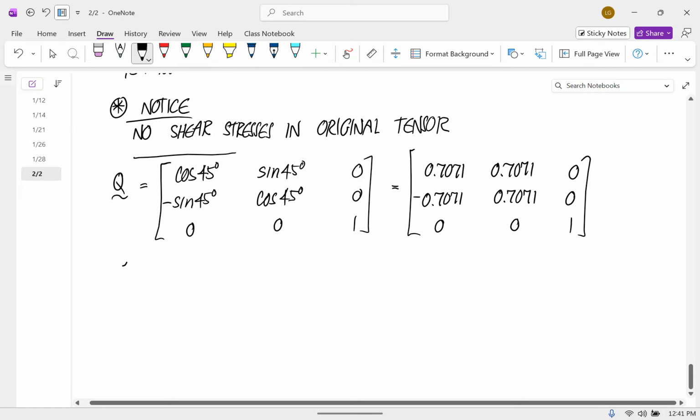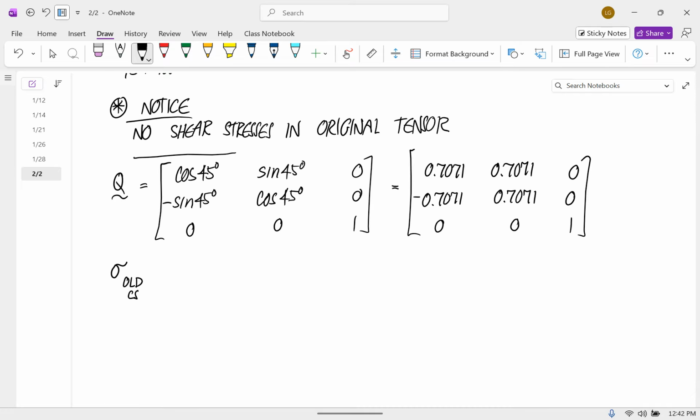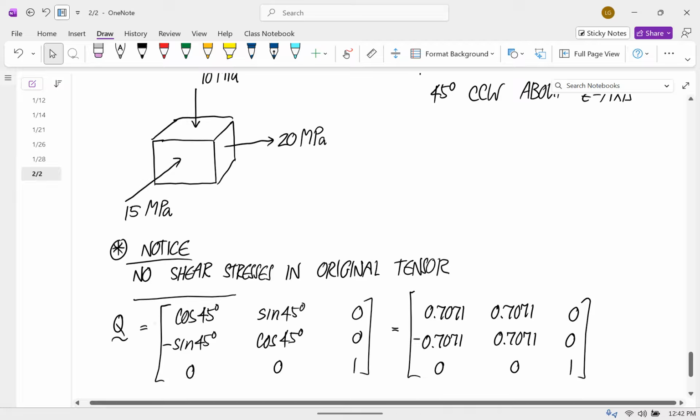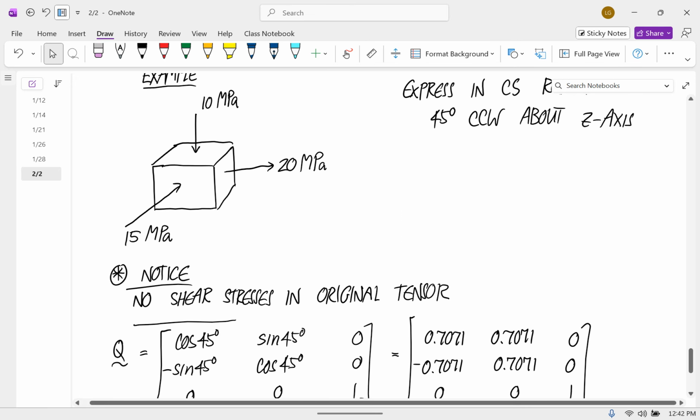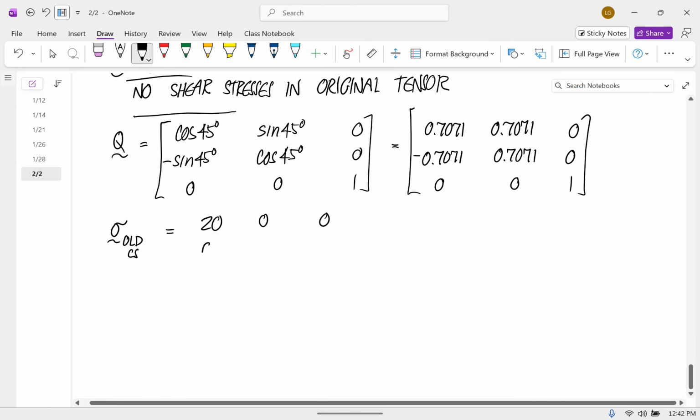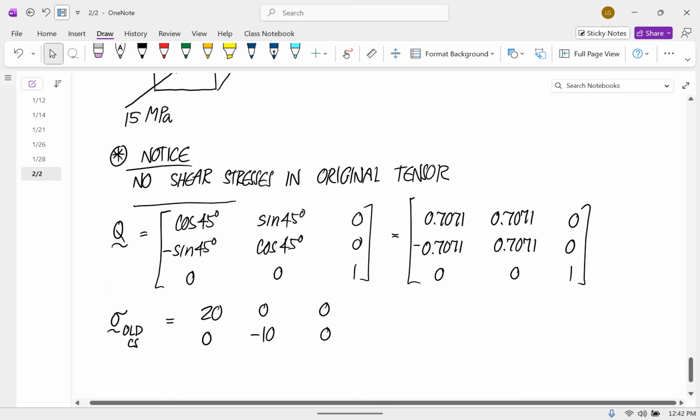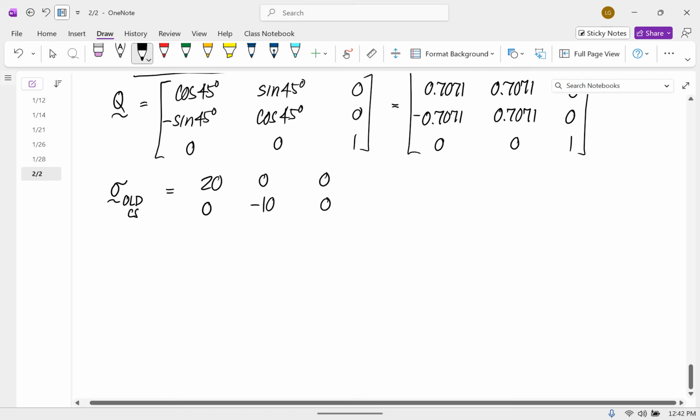And our stress tensor in the old coordinate system is 20 for x, 0, 0. Then for y, 0, negative 10, 0. And then for z, 0, 0, negative 15.